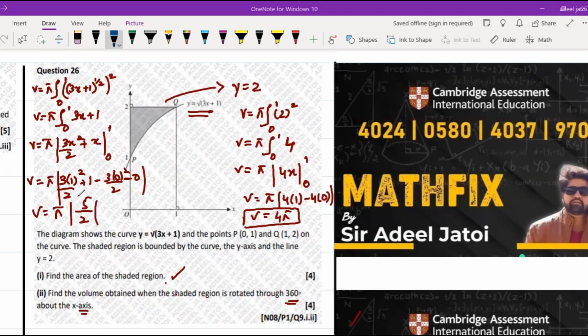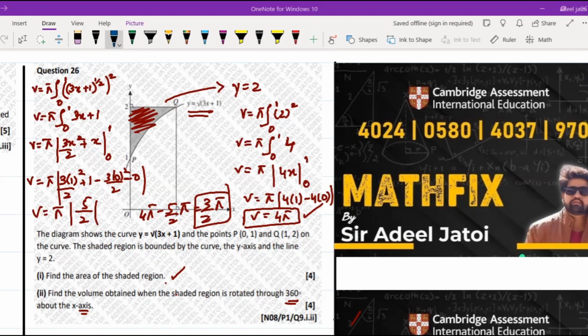So the answer for the shaded region will be volume under the line minus volume under the curve. Volume under the line is 4 pi, so this should be 4 pi minus 5 upon 2 pi, which means 8 upon 2 minus 5 upon 2. The answer would be 3 upon 2 pi. So the volume of the shaded region is 3 upon 2 pi, because volume under the line is 4 pi and volume under the curve is 5 upon 2 pi.